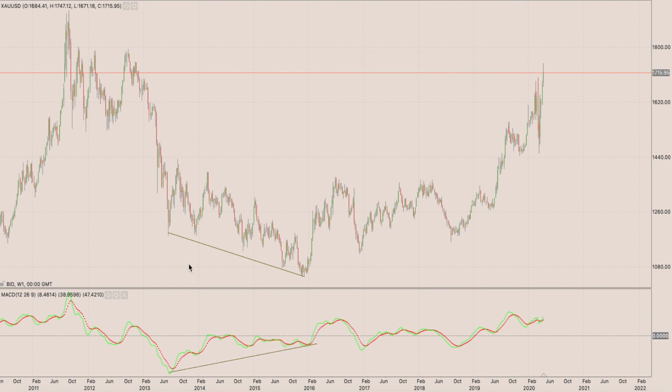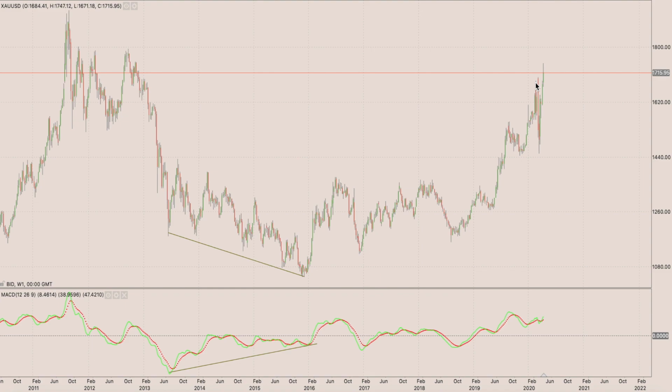And you see this divergence, so the price is going down, but MACD's indicator is going up. So it's a divergence, it's a signal that the trend is reversing, and sure enough, it is reversing and it's going the opposite direction.